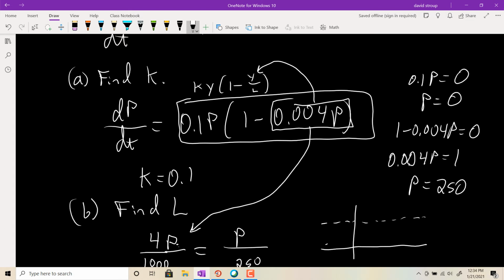Because our curve kind of looks like this. And then you have kind of a solution here, a trivial solution at 0, and a trivial solution at 250. If you remember from the last video, we talked about trivial solutions. So if you find p-values where the function in terms of p is equal to 0, those are trivial solutions, and that's what you have there, the 0 and 250.